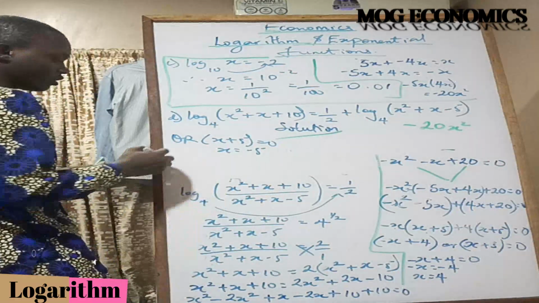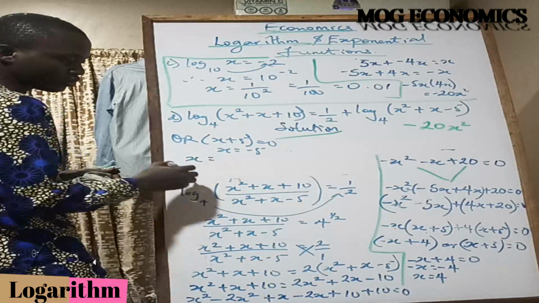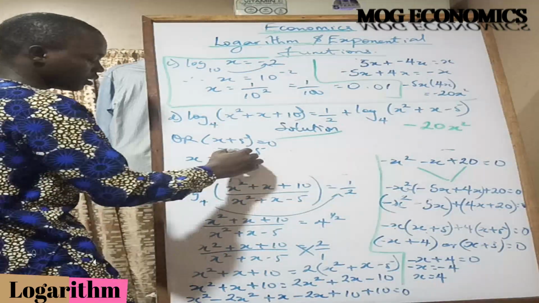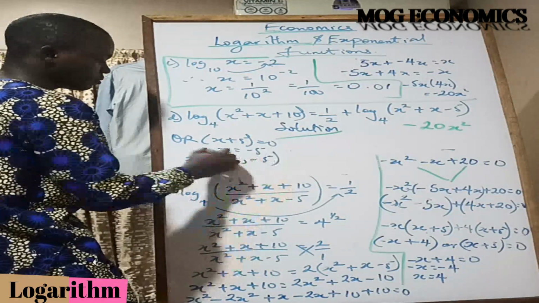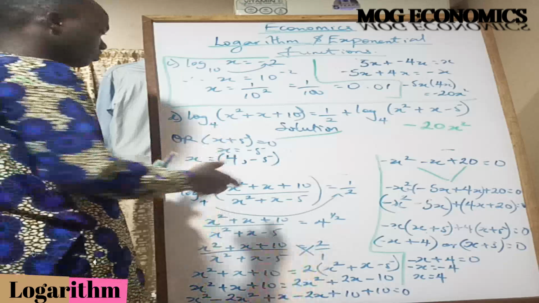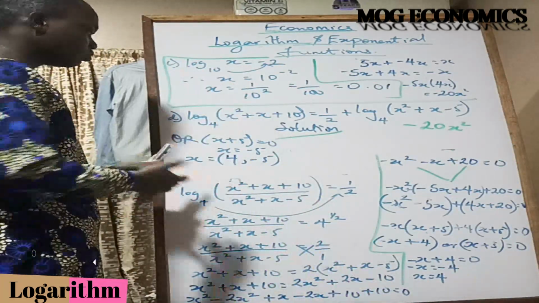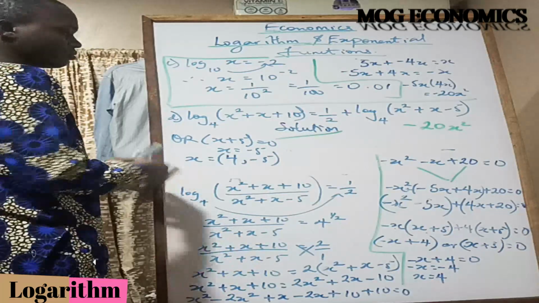So the two possible values of x: x is equal to 4, comma, minus 5. So we've been able to solve the given equation, that long one. So our x could be minus 5 and our x could be 4.